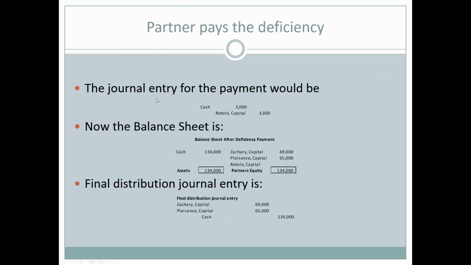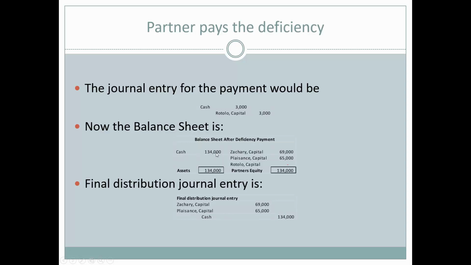All right, so the journal entry for the payment, if Rotolo's paying it off, is the cash will go to the partnership and Rotolo's capital will be credited. So he had a debit balance, it's going to be credited for $3,000, so now it'll zero out. Now the balance sheet after the deficiency payments has been made.